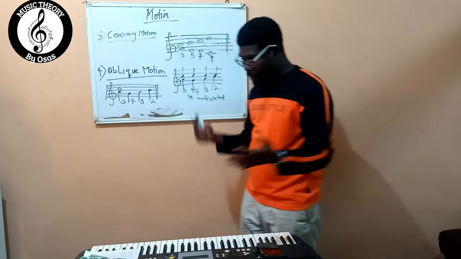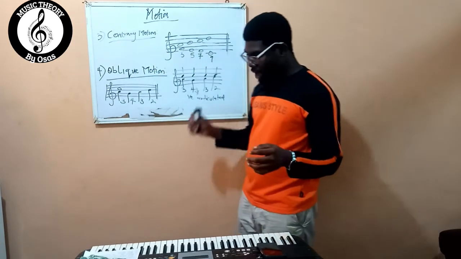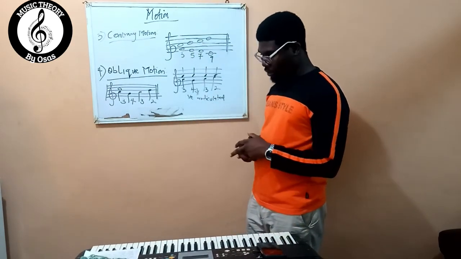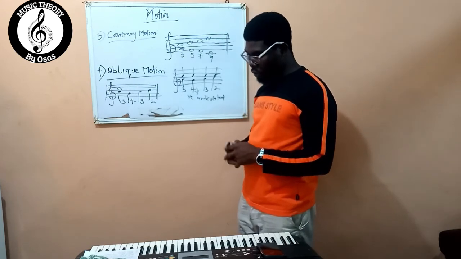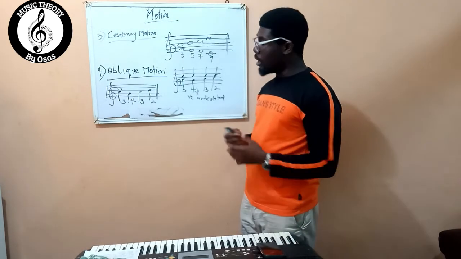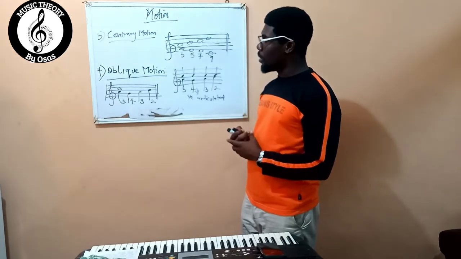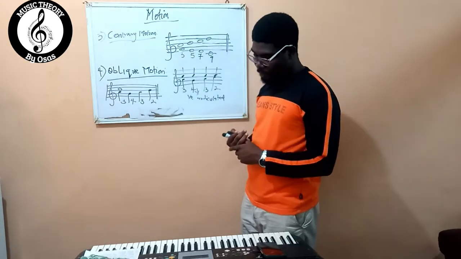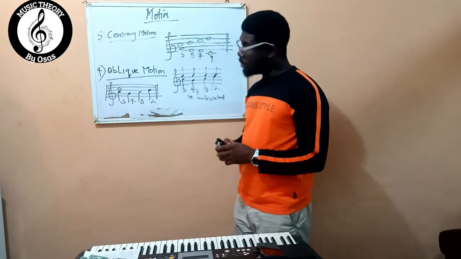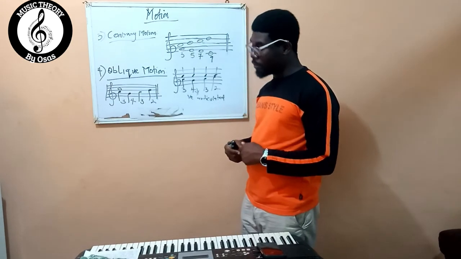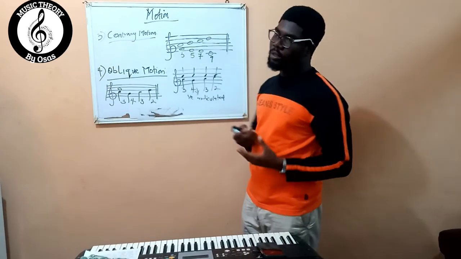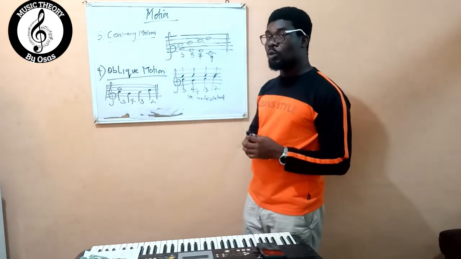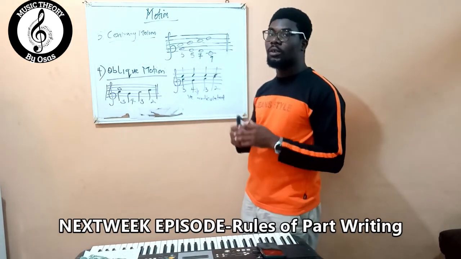We have parallel motion, similar motion, contrary motion, and oblique motion. Remember the types of motion: we talk about skipwise and stepwise direction in motion. So these are some of the fragments we need to know for us to be able to compose real music.